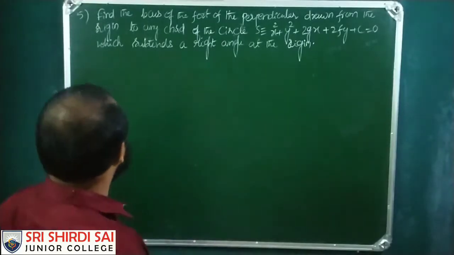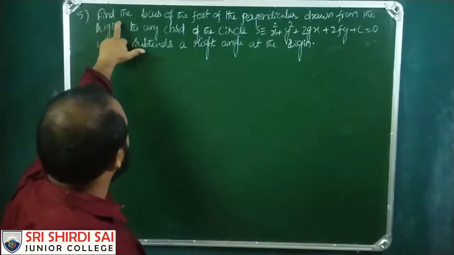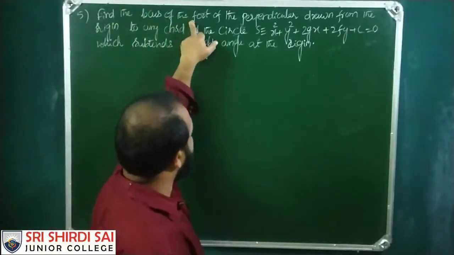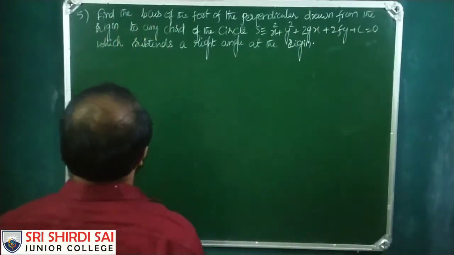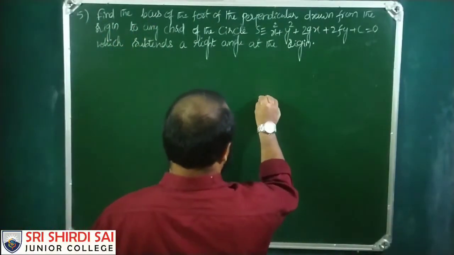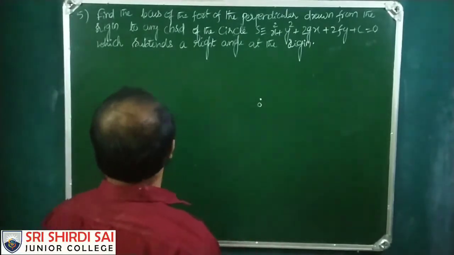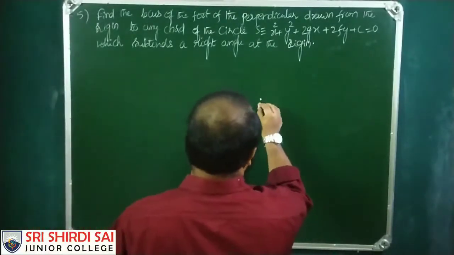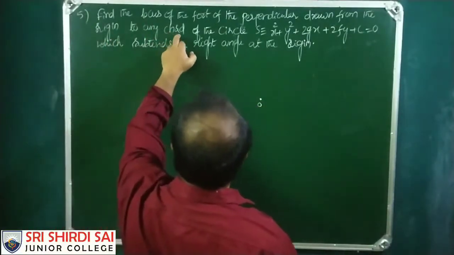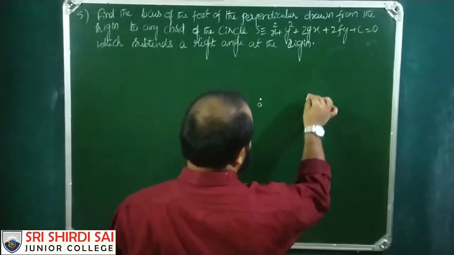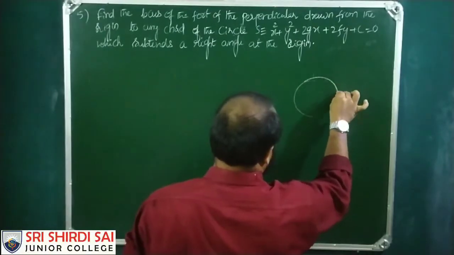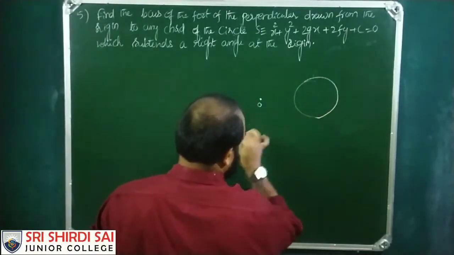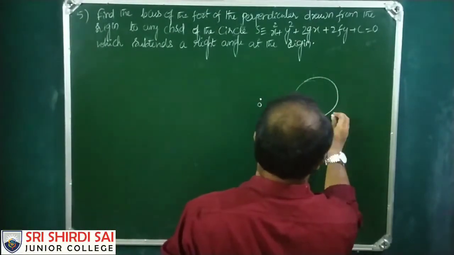So the next question is, find the locus of the foot of the perpendicular drawn from the origin. So let us suppose that this is the origin O, and this is the circle.